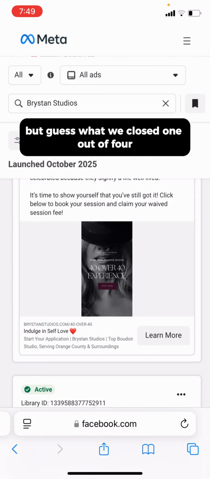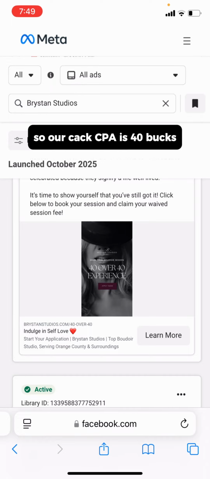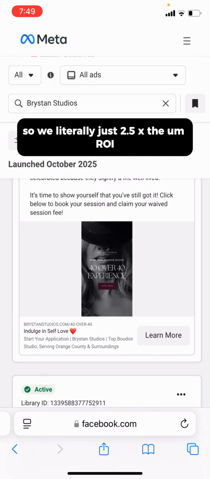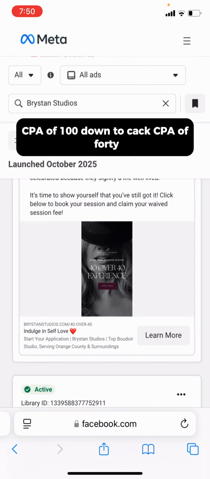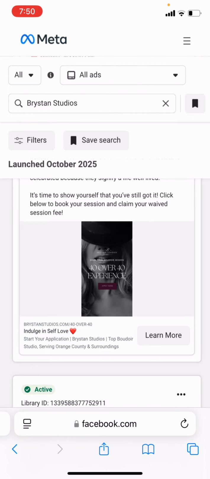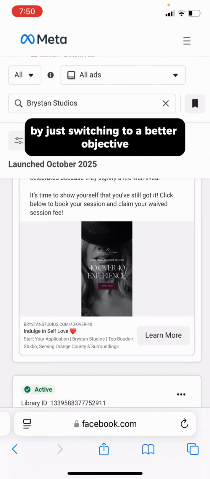But guess what? We close 1 out of 4, so our CAC CPA is $40. So we literally just 2.5x'd the ROI, our ROAS, by going from CAC CPA of 100 down to CAC CPA of 40, by just switching to a better objective.